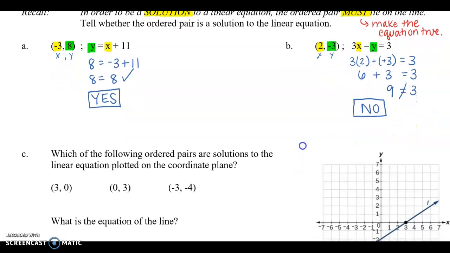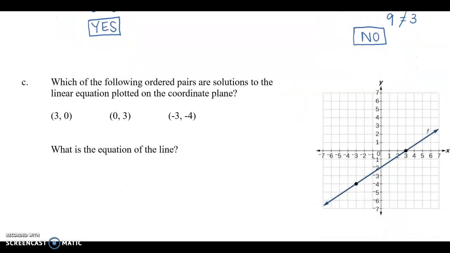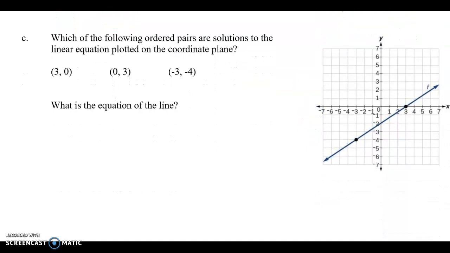Now we're going to look at a graph. To determine if ordered pairs are a solution to a graph, we have to make sure we know which points lie on the line. That's what it's asking you when it says, is it a solution? So 3, 0, the point 3, 0 is right here.